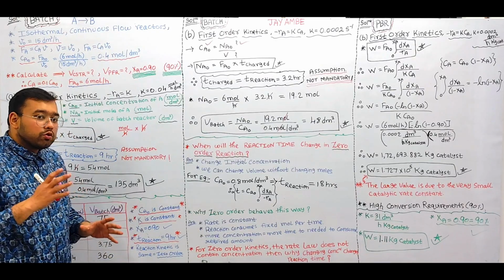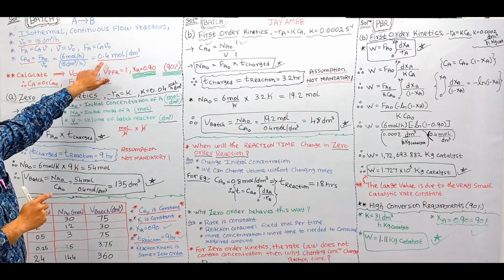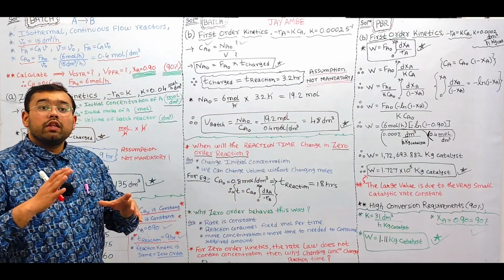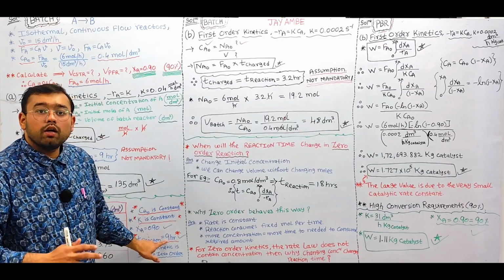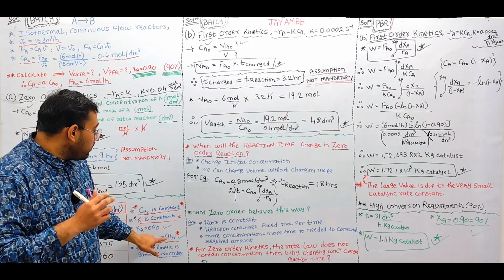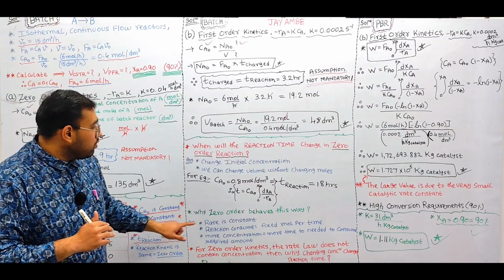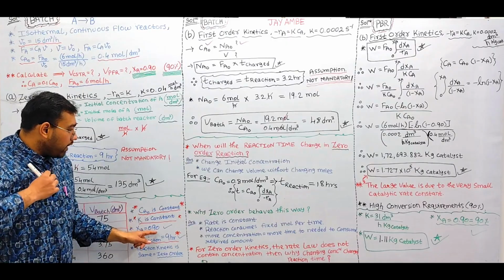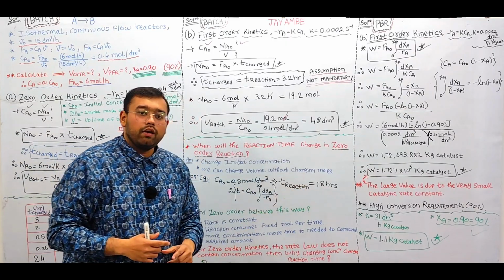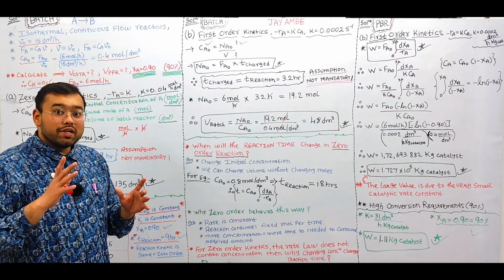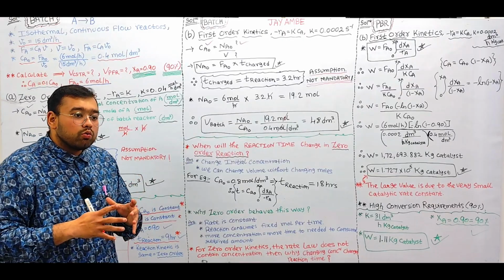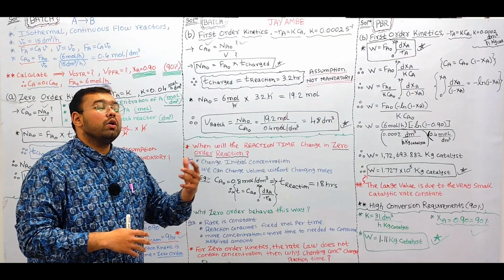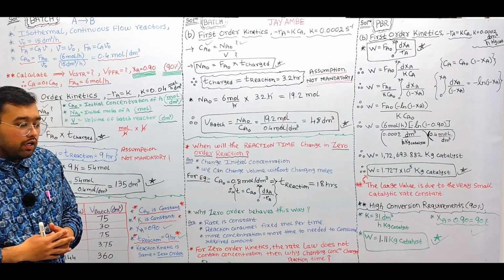By doubling the initial concentration, the reaction time will also double, from 9 hours to 18 hours, right? So we need to understand how, by doubling the concentration, my reaction time also doubles.